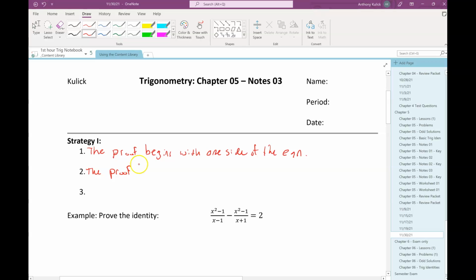And the proof ends when you get the other side. And the steps to go from your starting to your end is what's going to be the proof.